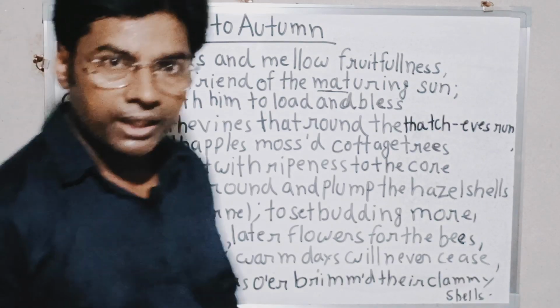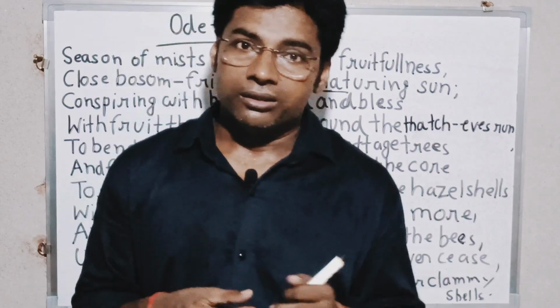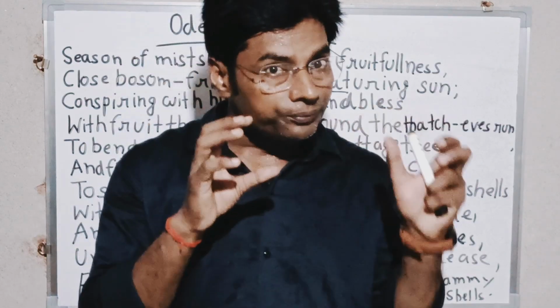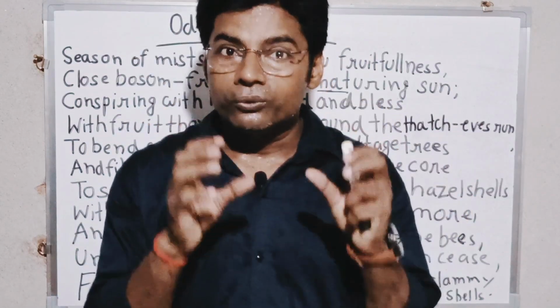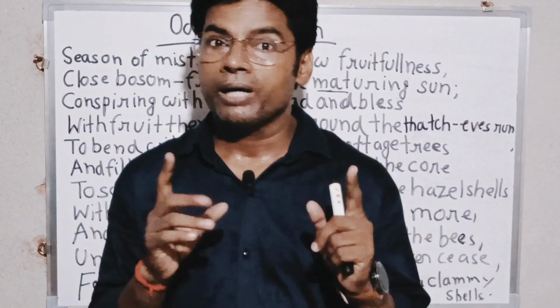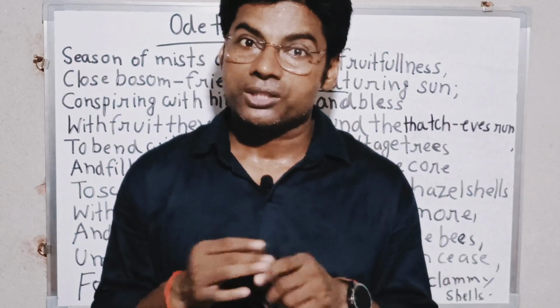He means to say that there is a very good friendship between autumn and the sun. So autumn and the sun, both of them have been personified in the poem, my dear learners. Remember this, that is very important.